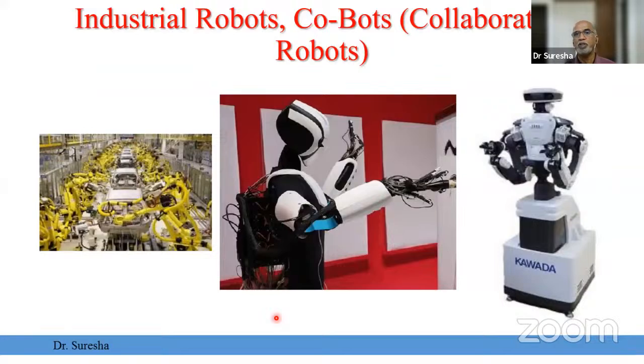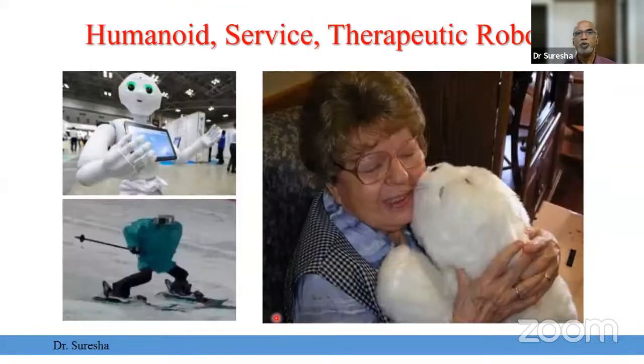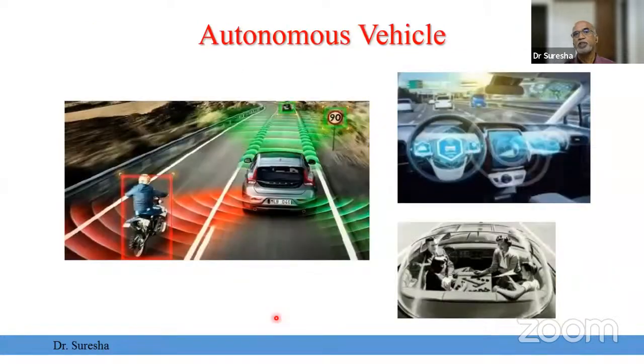Industrial robots, collaborative robots, humanoid service therapeutic robots, autonomous vehicles. This is very, very important, because the reason we use 5G in autonomous vehicles is delay. That delay is minimized. That is very, very important. It's much faster. That's the reason.